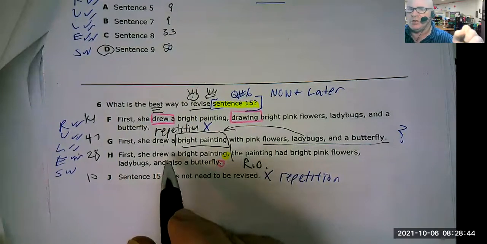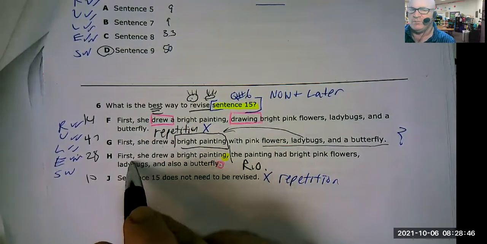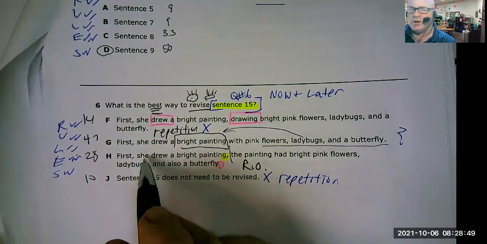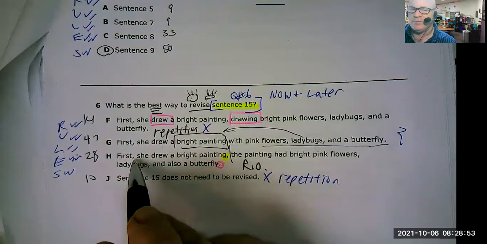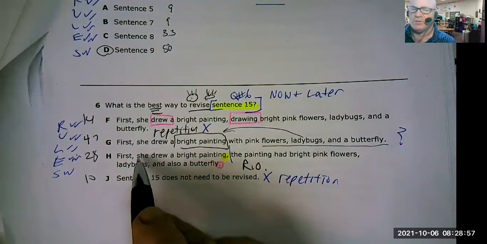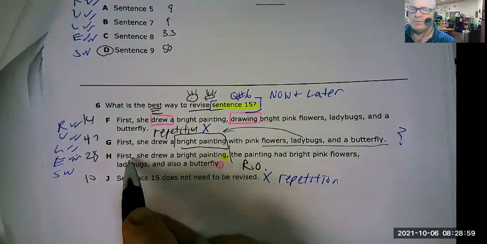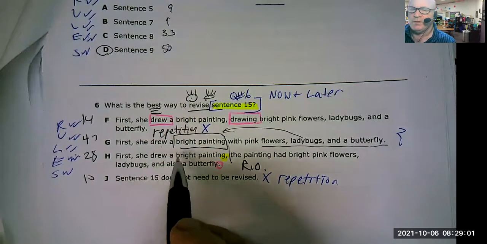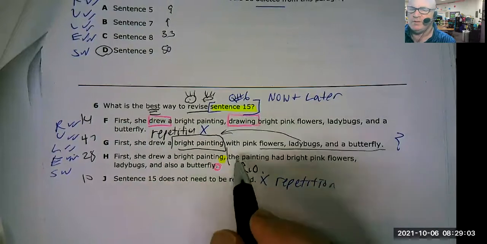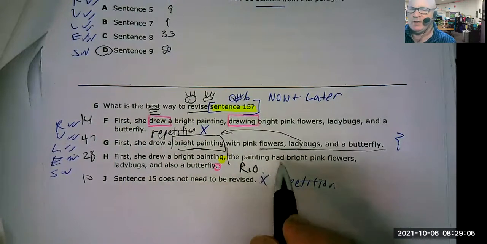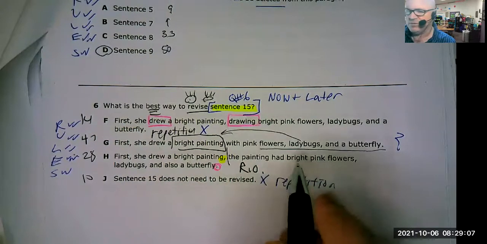Capital, first comma, introductory phrase. This is called an optional comma because you could write first she drew because the phrase is so short. It's not required. She drew a bright painting, comma. The painting, repetition, had bright pink flowers.